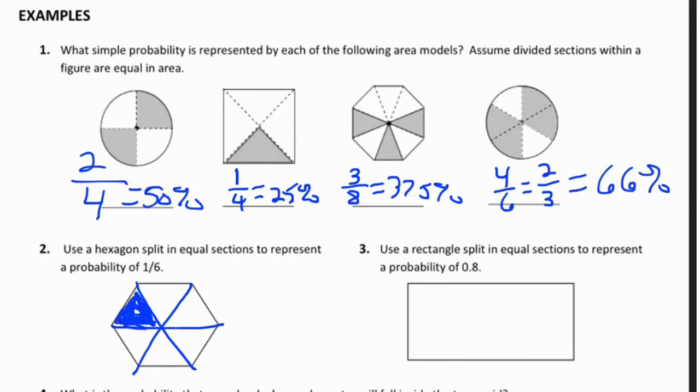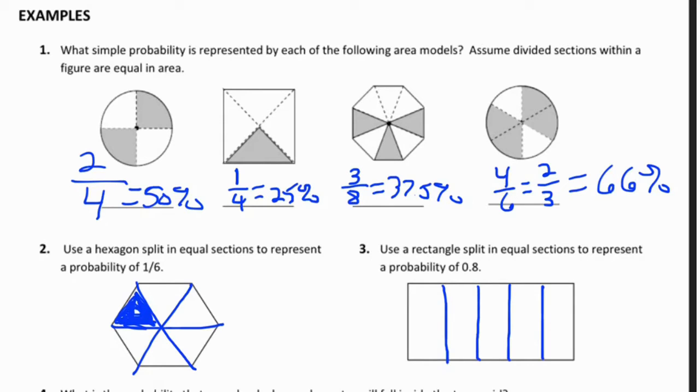Now number 3 wants us to use a rectangle split into equal sections to represent the probability 0.8, which is also 80%, which is 8 out of 10. So 8 out of 10 will reduce to 4/5. I'm going to cut this rectangle into 5 different pieces, and I'm going to do my best to get this as even as possible. There goes 1 piece, 2 pieces, 3 pieces, 4 pieces, and 5 pieces.